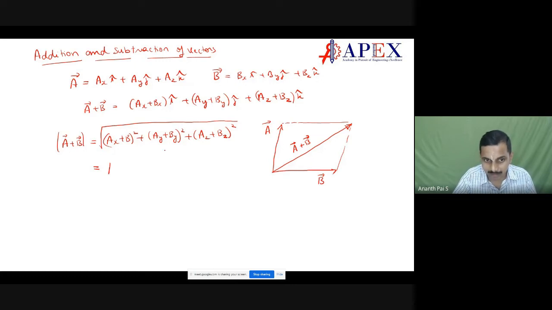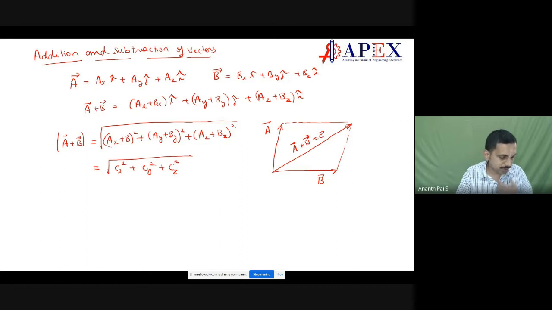So if a plus b is equal to c, then the magnitude is the square root of cx square plus cy square plus cz square. Make sense? That is the way we can write vectors.